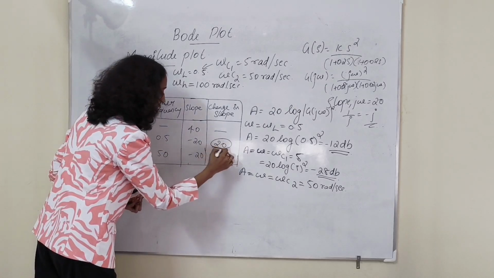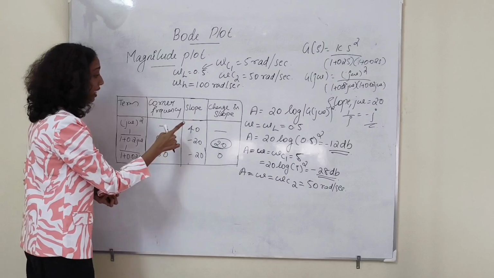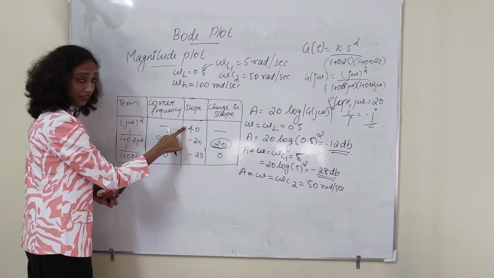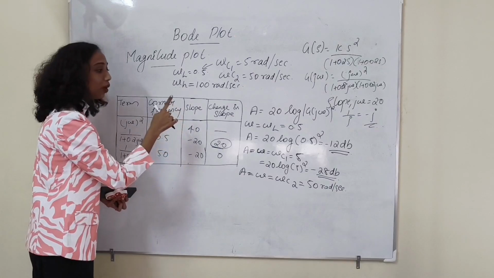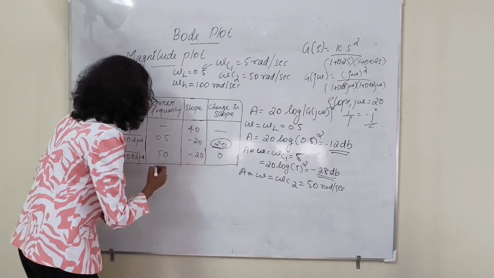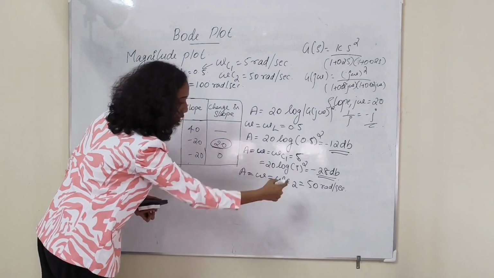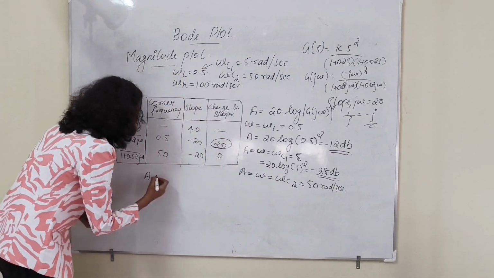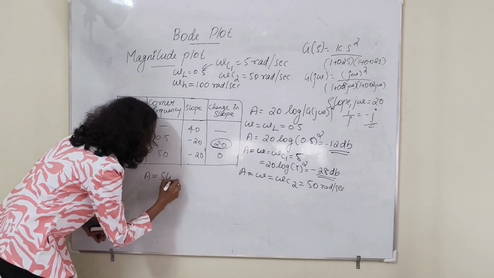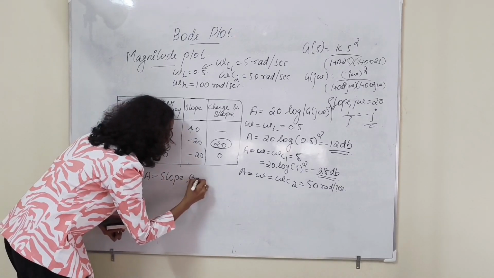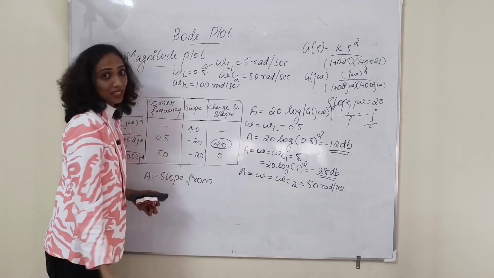This slope happens from where to where? This slope happens from the first corner frequency to the second. That means gain A is equal to, at omega C2 equal to 50 radians per second, we wrote the equation as slope from omega C1 to omega C2, right?